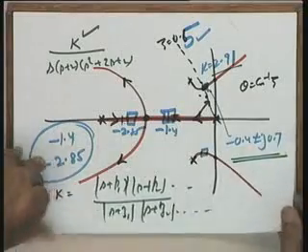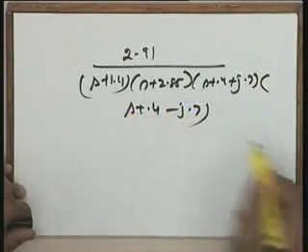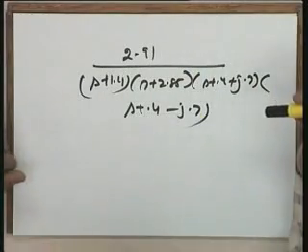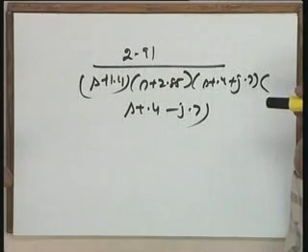So in this particular case I say that for k is equal to 2.95, the overall closed loop transfer function has the poles and zeros like this: 2.95 over (s plus 1.4)(s plus 2.85)(s plus 0.4 plus j0.7)(s plus 0.4 minus j0.7). These are the closed loop poles of the system corresponding to k is equal to 2.95, which you have taken corresponding to zeta is equal to 0.5 value.